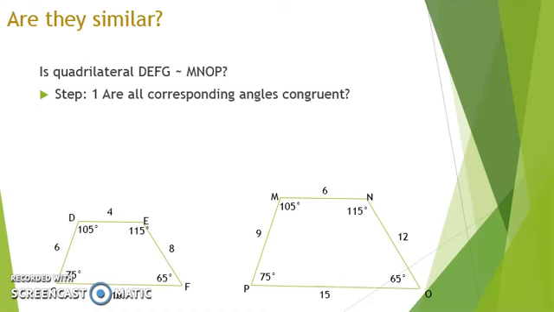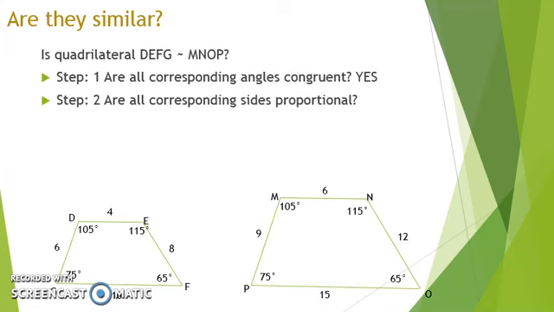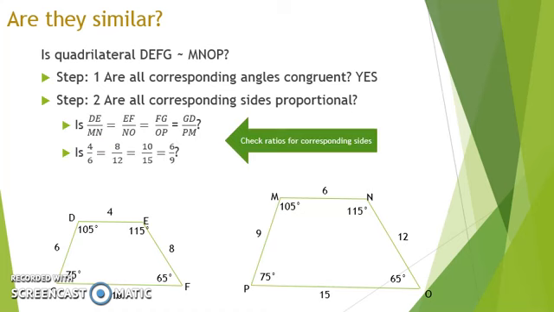Is quadrilateral DEFG similar to MNOP? Step 1. Are all the corresponding angles congruent? Yes, they are. Step 2. Are all the corresponding sides proportional? In order to determine that, we are going to set up the ratios comparing the corresponding sides: DE to MN, EF to NO, FG to OP, GD to PM.